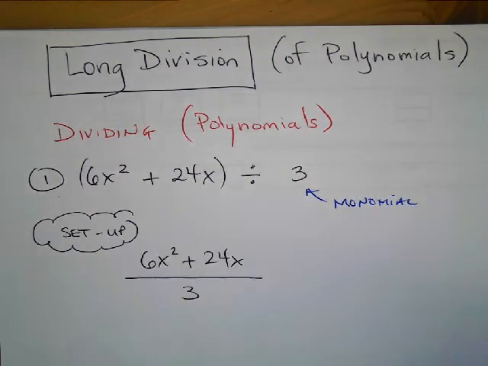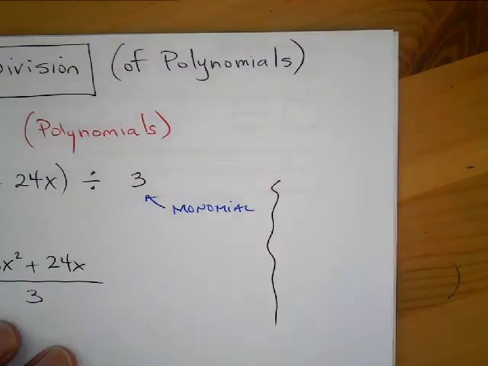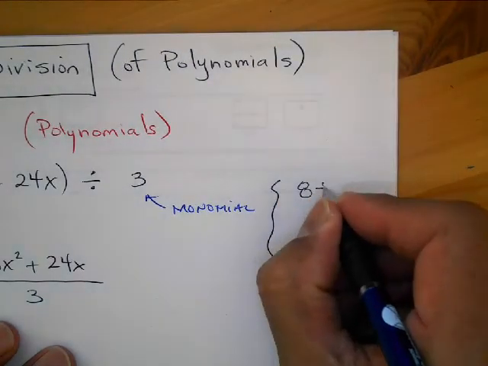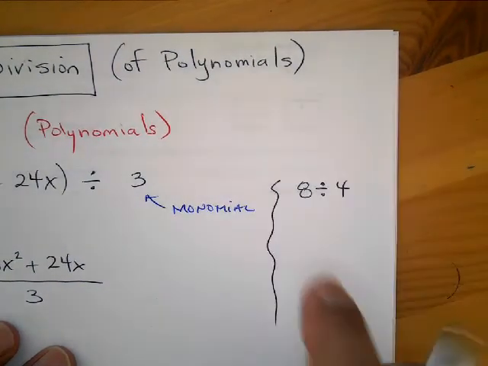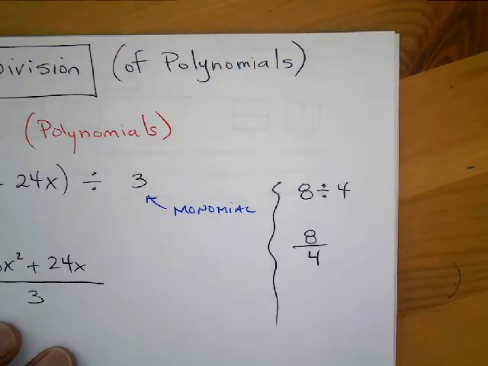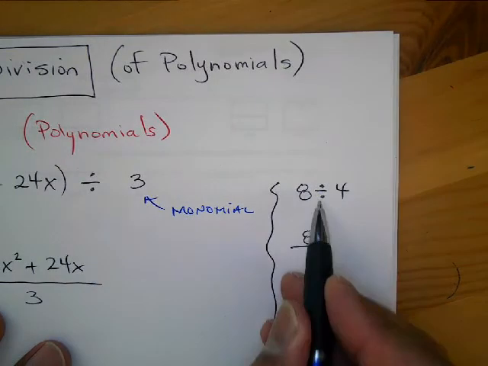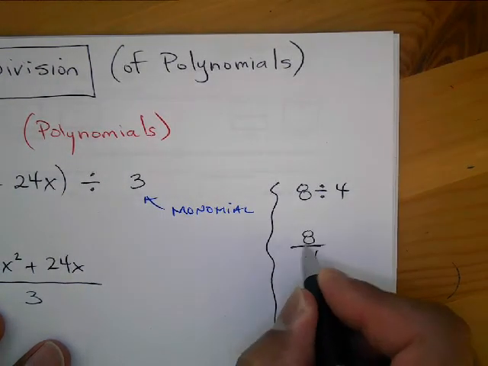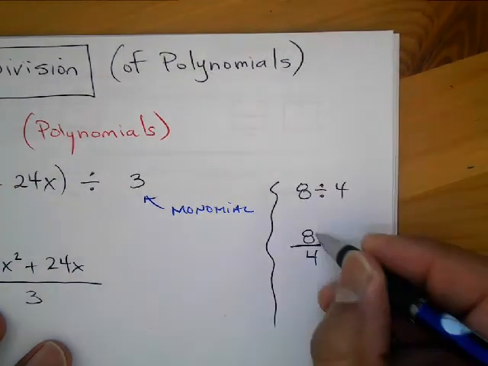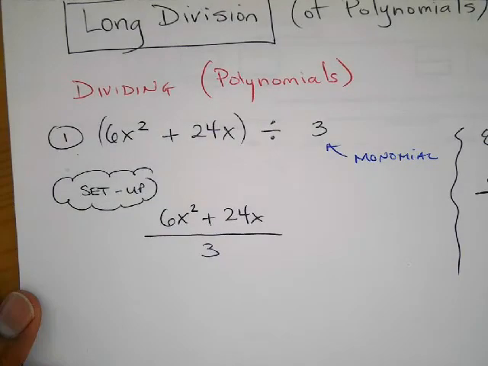Like back in 2nd grade or 3rd grade, you can do 8 divided by 4, and you know that that's division. Or you can say 8 over 4, right? Both of them, the answer is 2. This is division, but this is also division when you have a numerator and a denominator, this divided by this. That's what you're seeing here.